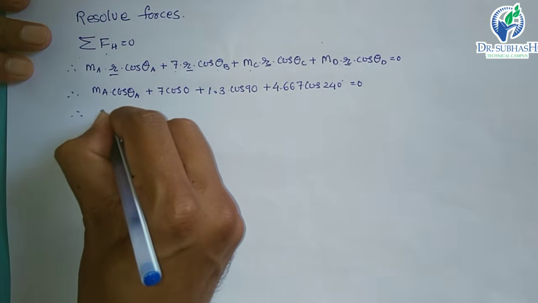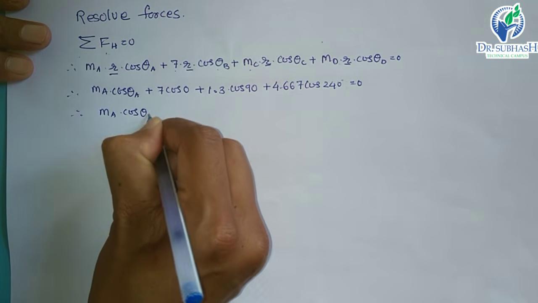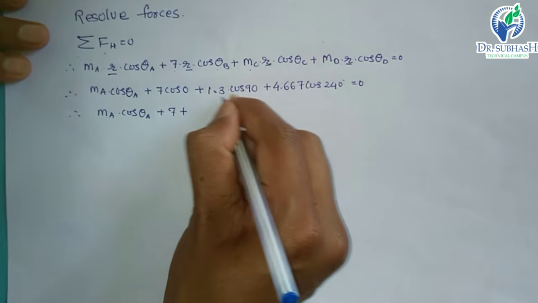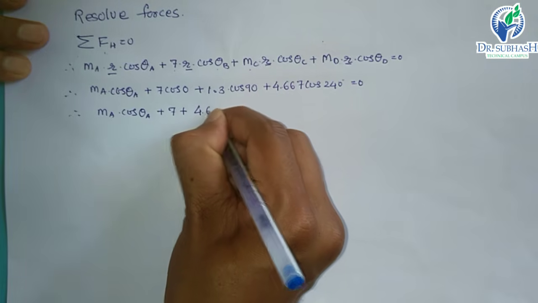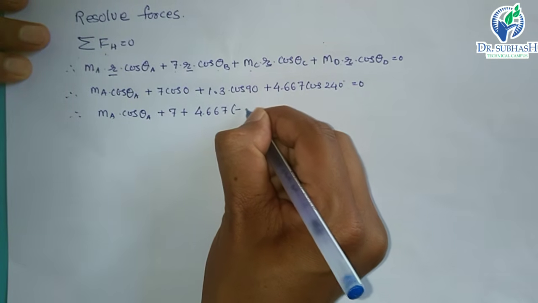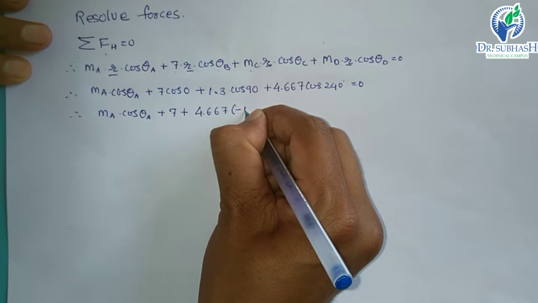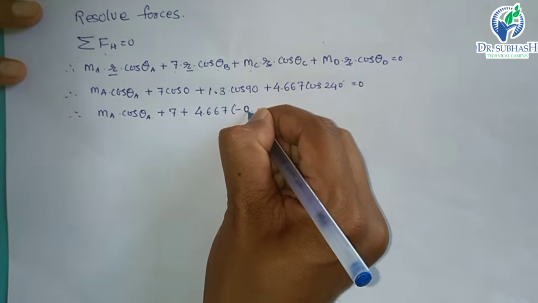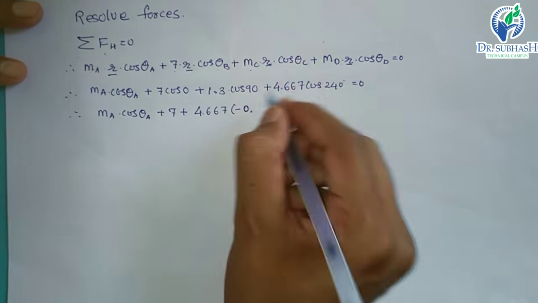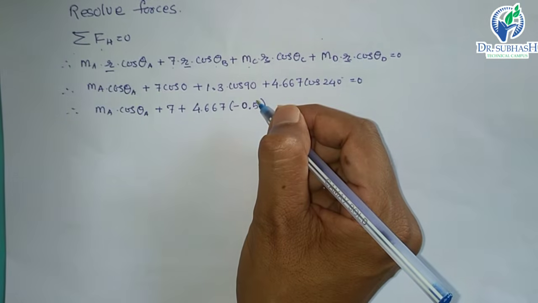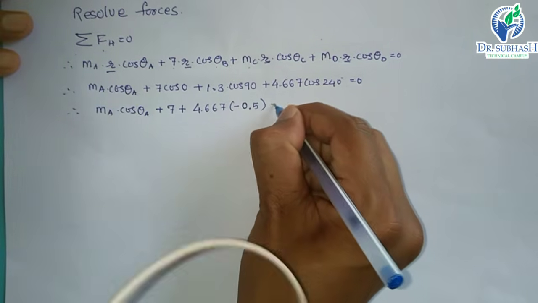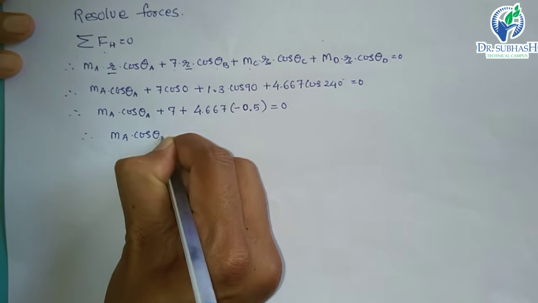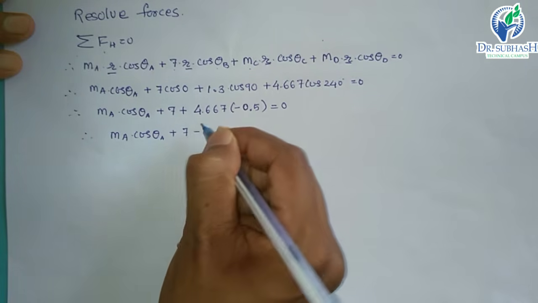So here cos 90 is 0, so this term will be 0, plus 4.667, and cos 240 is minus 0.5, is equal to 0.